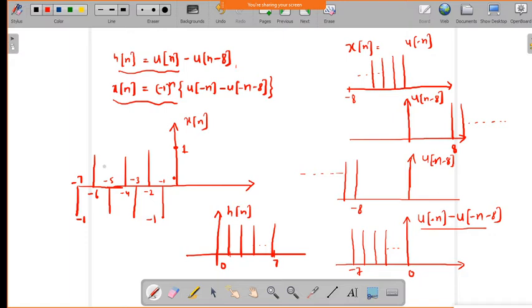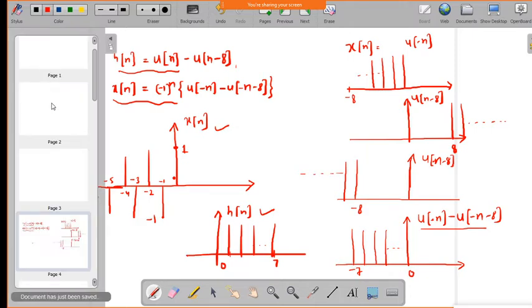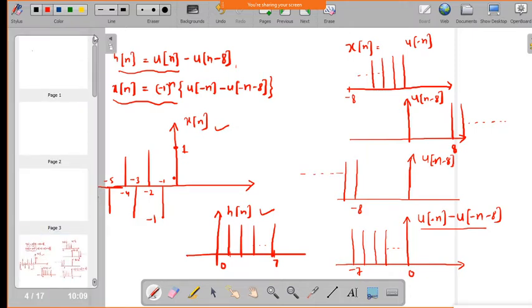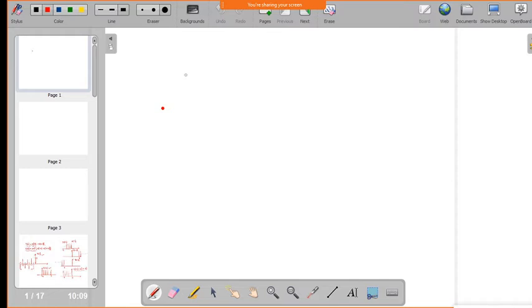Now we need to take the convolution of these two sequences, x of n and h of n. Apply the formula: y of n equals summation k equal to minus infinity to plus infinity x of k into h of n minus k.